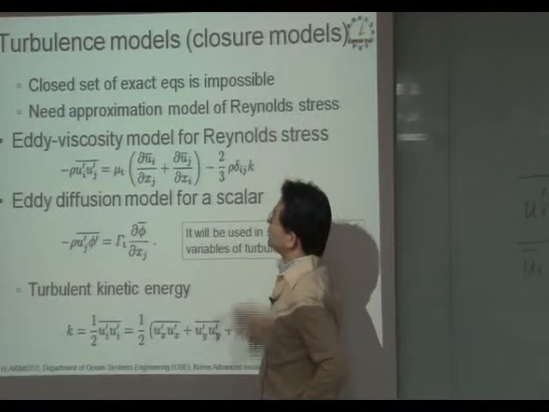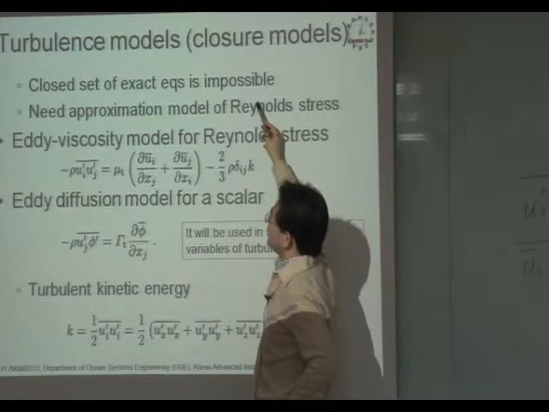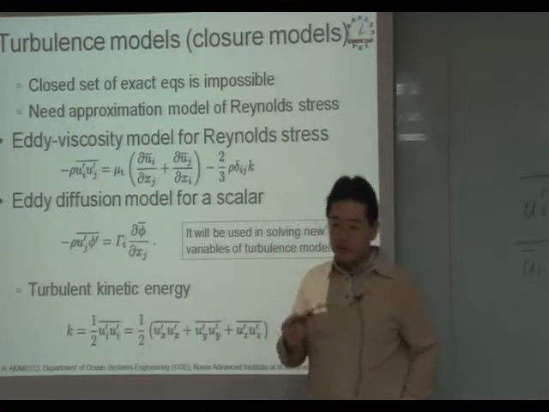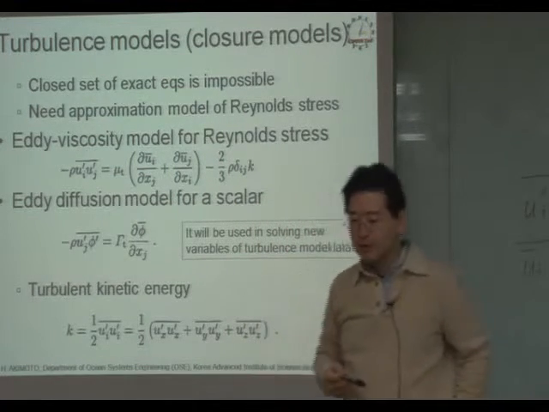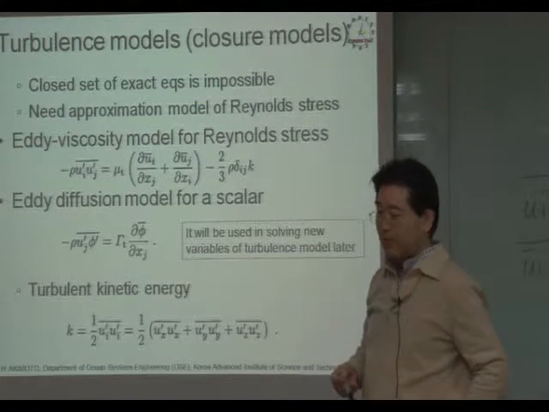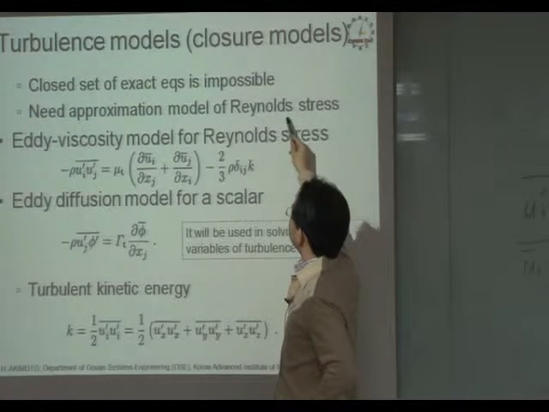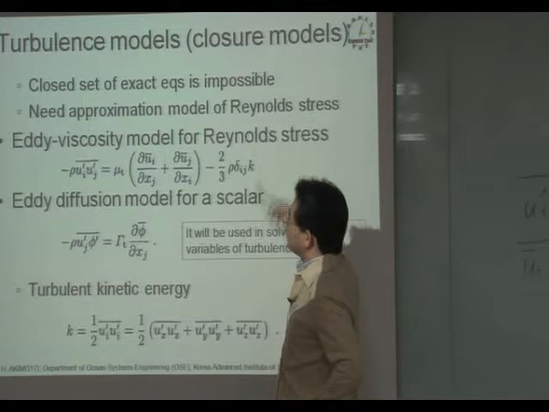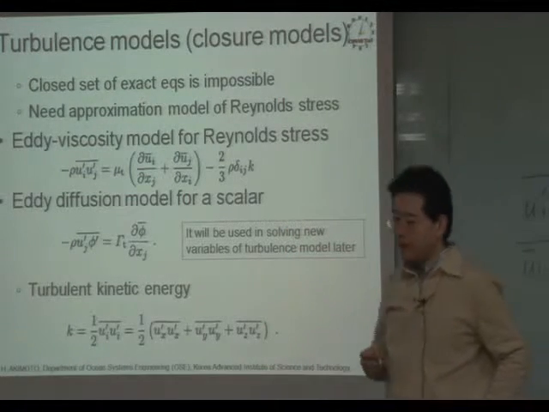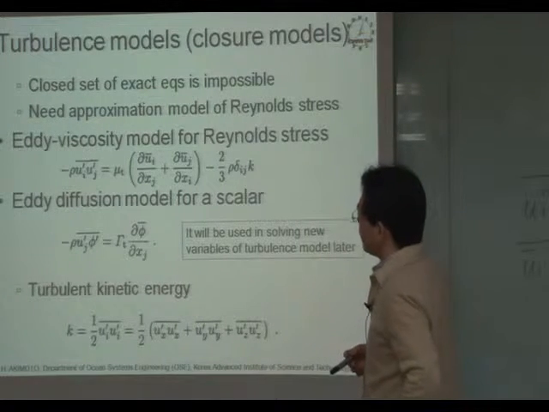But at present, in the textbook, they say a closed set of exact equations, an exact solution of turbulence, is considered impossible. So we need an approximation of the Reynolds stress, and for other terms that appear in the Reynolds averaged equations.